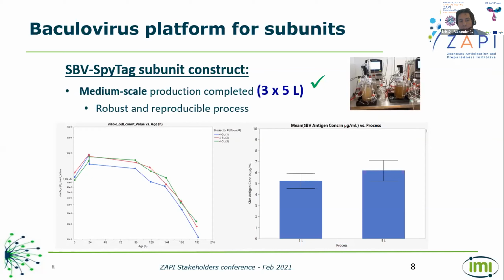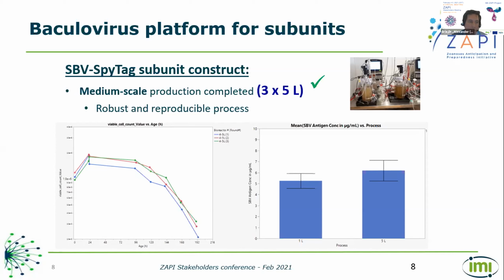I want to also tell you what we did for the baculovirus platform for the viral antigens really briefly. We mentioned the Schmallenberg SpyTech subunit construct as well as the Rift Valley. The focus, as I mentioned earlier, was initially on the Schmallenberg. We scaled up also to the 5-liter medium scale, repeated it 3 times, and saw very comparable process profiles and performance as we expected.